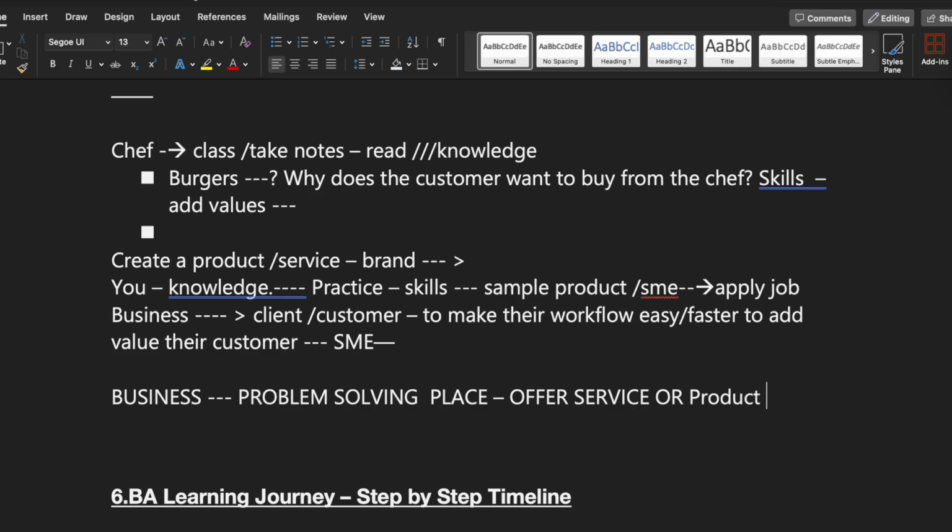So what product are they selling? Let's say they're selling mortgages, lending money to customers.